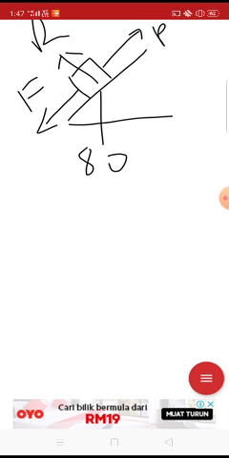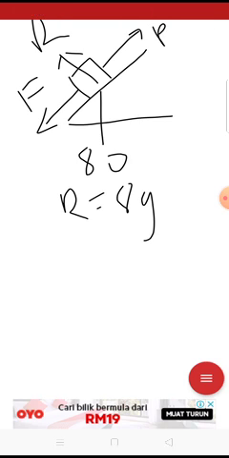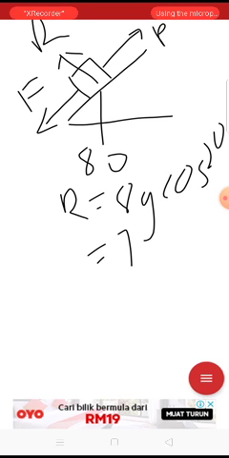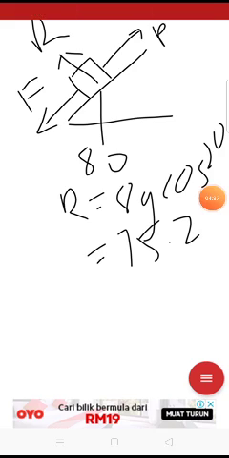If we resolve the forces, R will be equal to 8g cos 20, and we have 75.2 Newton.